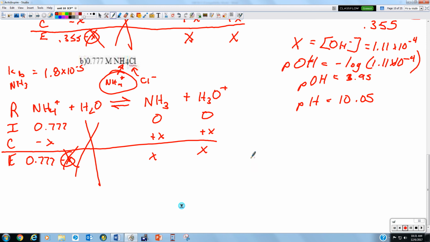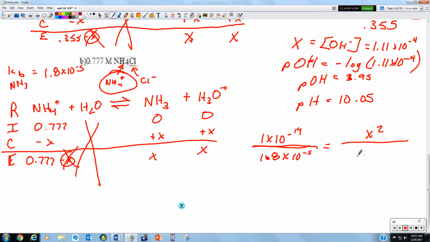So that means that we can't go directly from Kb to Ka, or we can go directly, but we have to set it up. So we're going to go 1 times 10 to the negative 14 over 1.8 times 10 to the negative 5 equals, and then we're plugging in our values.